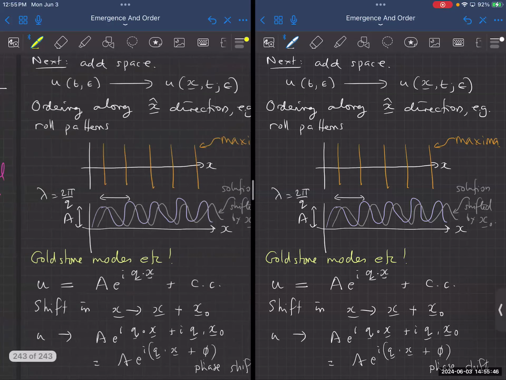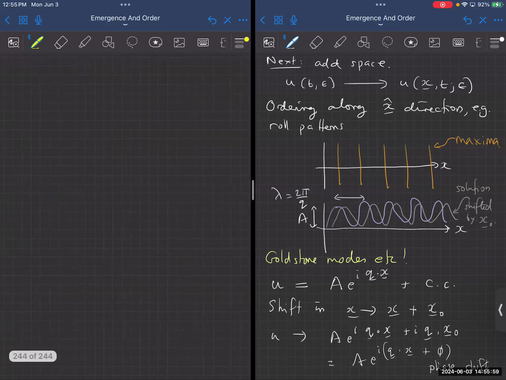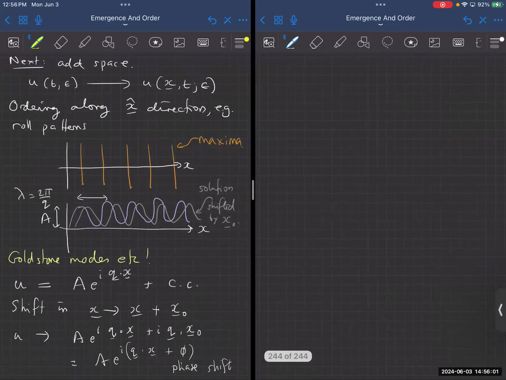So the translational symmetry in this description of this kind of periodic density wave turns out to be the phase symmetry, the global phase invariance of this description of the system.